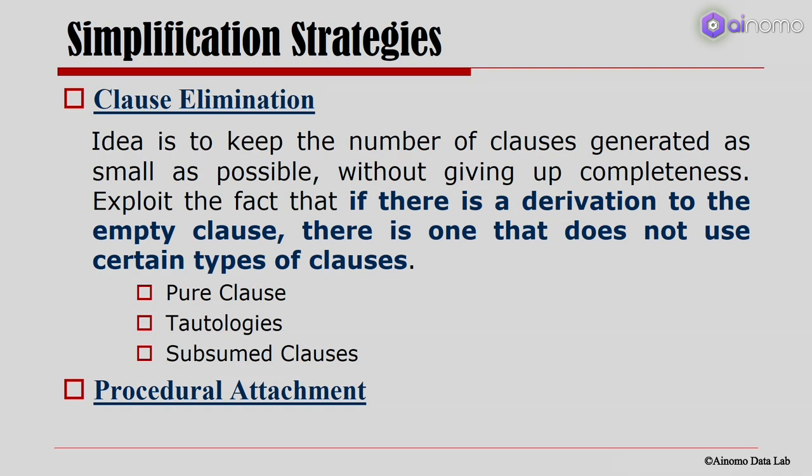So, we exploit the fact that if there is a derivation to the empty clause, there is one that does not use at least three types of clauses. One, the pure clauses, two, the tautologies, and three, the subsumed clauses. So, we could eliminate these and still be able to reach the empty clause.